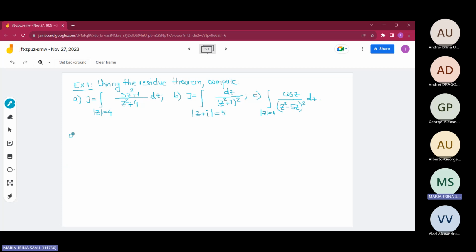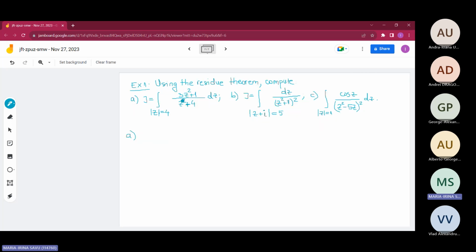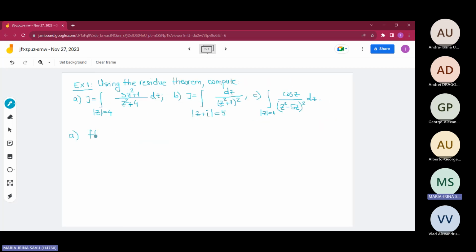Let's see the first. So we're going to follow these steps. And the first step consists of finding the singular points of f. So we denote by f(z) the function given here.